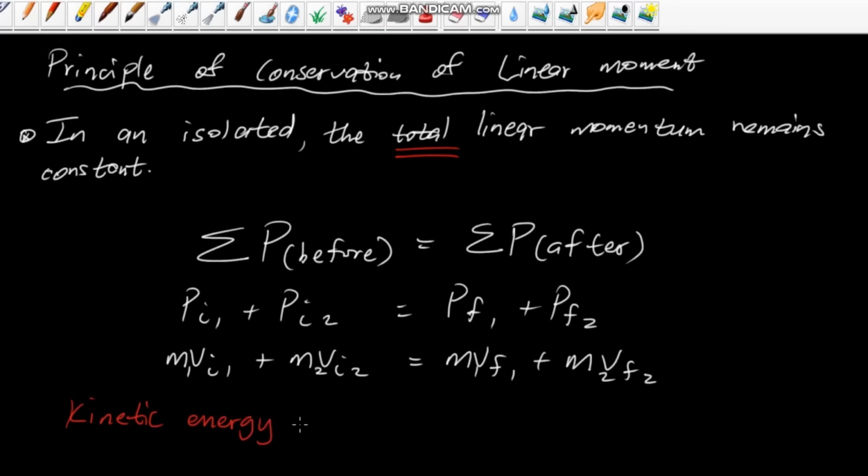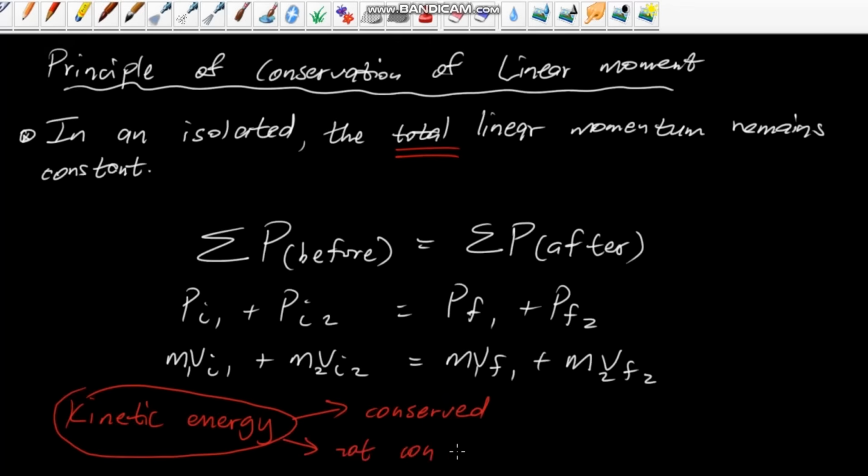So once an object is in motion it has kinetic energy. In an isolated system, sometimes kinetic energy is conserved. That's one scenario. Sometimes it is not conserved. That's another scenario. We will still talk about what happens when kinetic energy is conserved and when it is not. But momentum will always be conserved if the system is isolated.